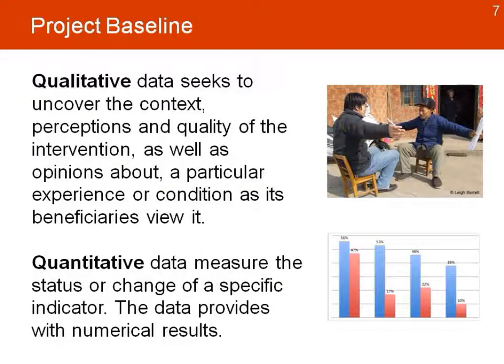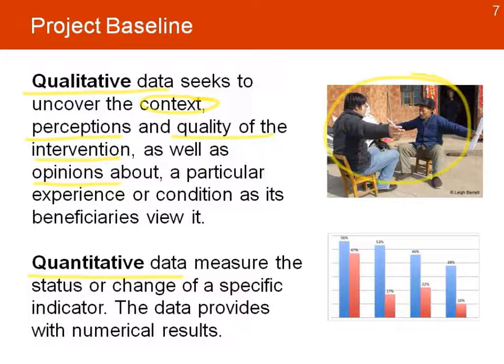Another element that we need to look at is the difference between qualitative and quantitative data. The first one looks to uncover more about the context, the perceptions, and the quality of the intervention. That means the opinions people have about a particular experience or conditions as they view it.